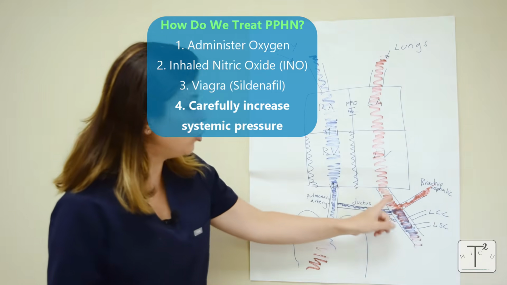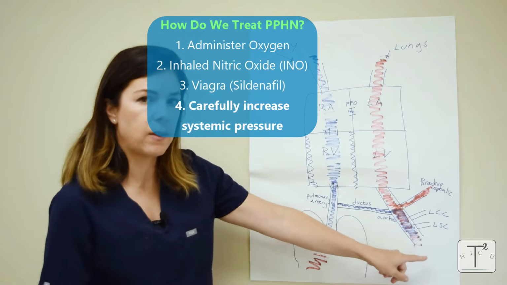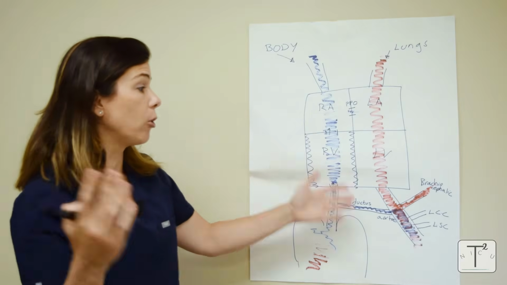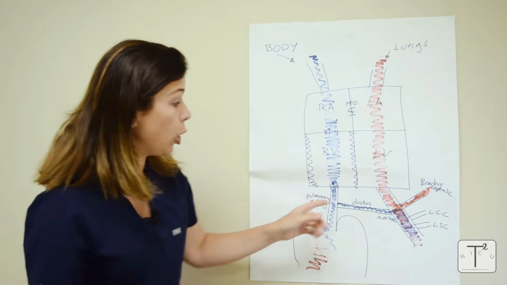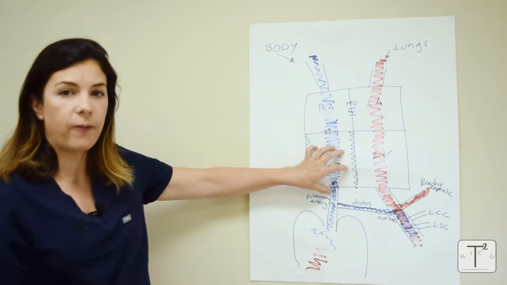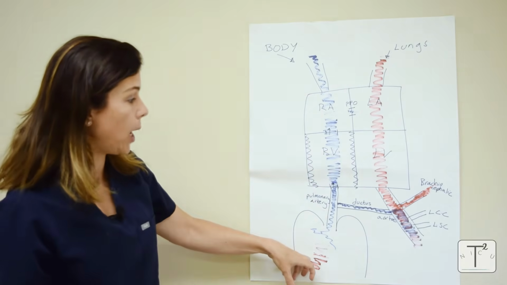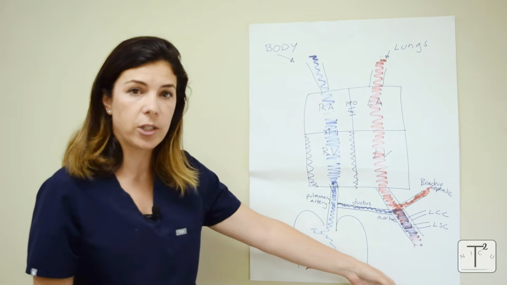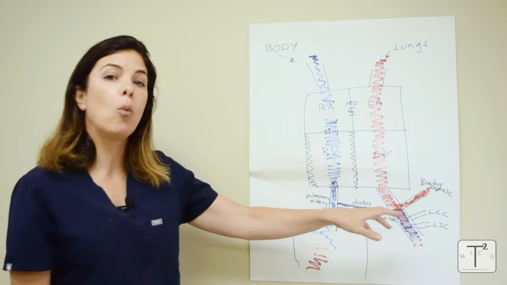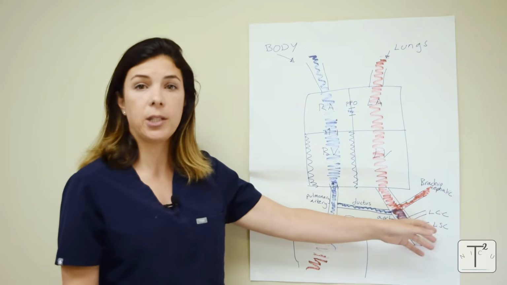So yes, you do not want low pressures in the systemic circulation, but you don't want a mean arterial pressure of 70, just so that you can make sure that you're not right to left shunting. Eventually, that right ventricle will fail because it is having to push against the high pressures in the lungs as well as the high pressures of the body. So definitely you do not want hypotension, but you don't want extreme hypertension either.